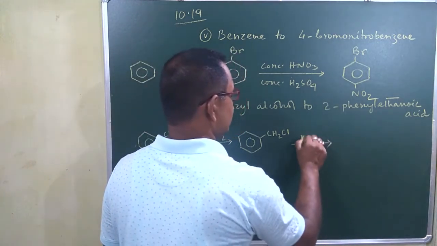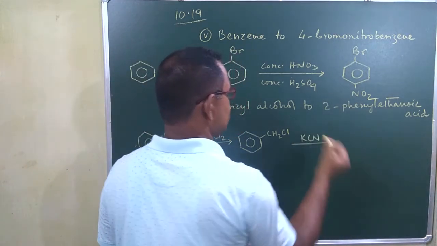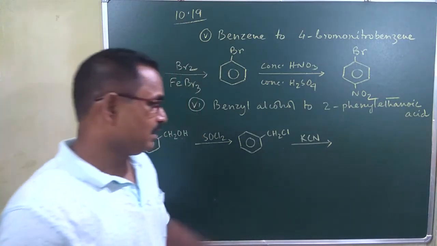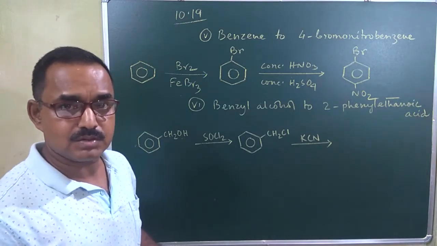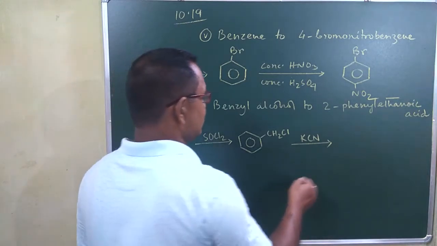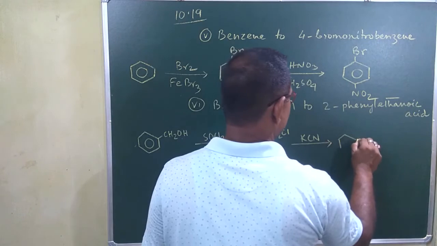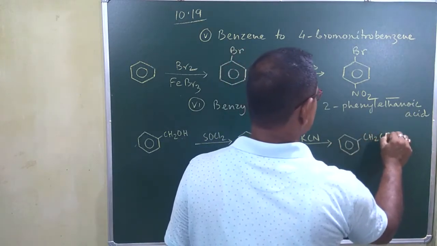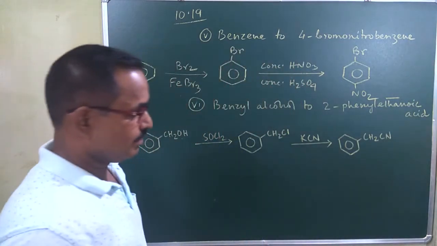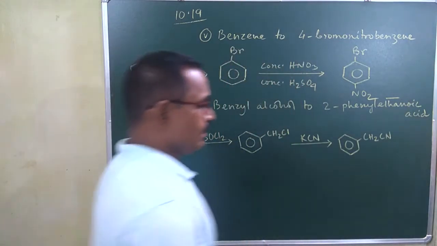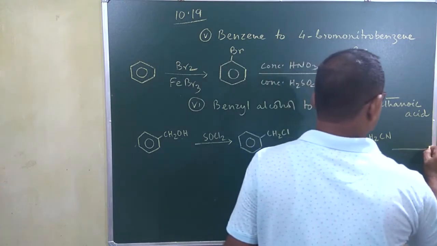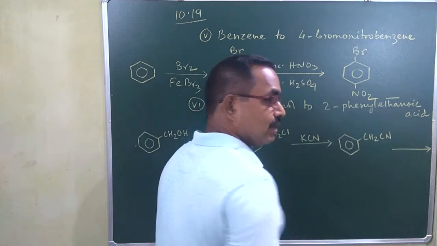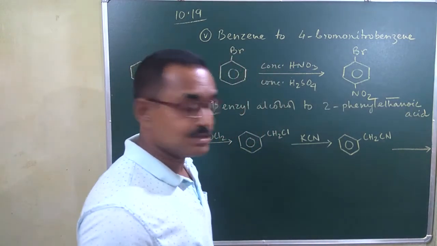Now treat it with alcoholic solution of potassium cyanide. There will be a nucleophilic substitution process here, and as a result we will get CH2CN. We know that cyano compound on hydrolysis gives carboxylic acid.